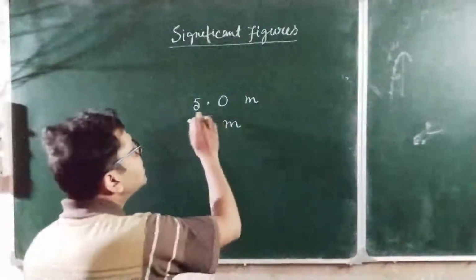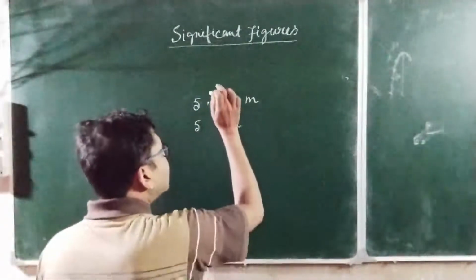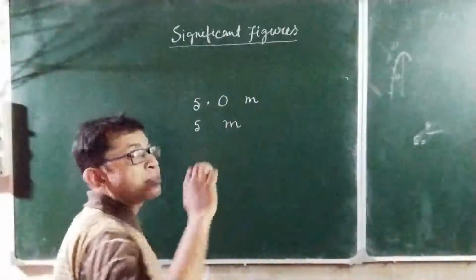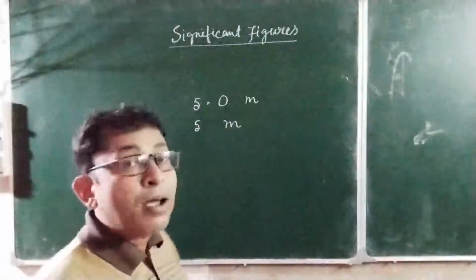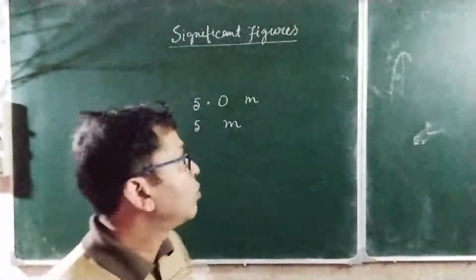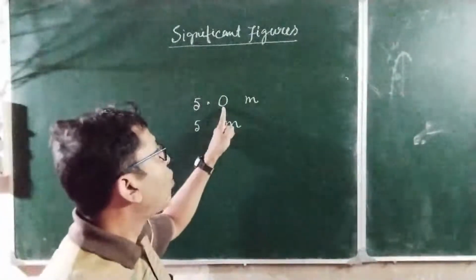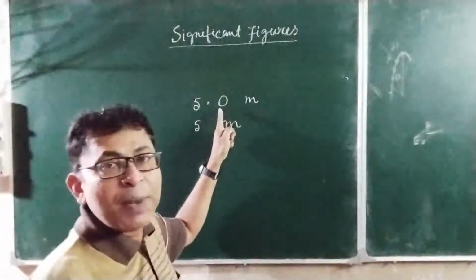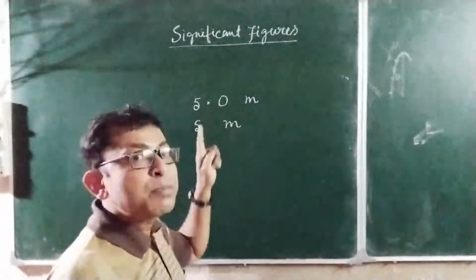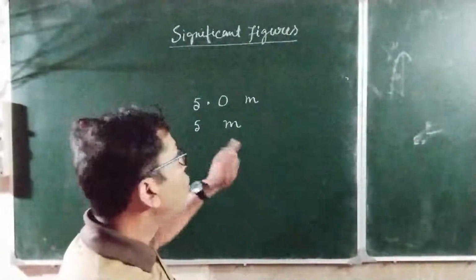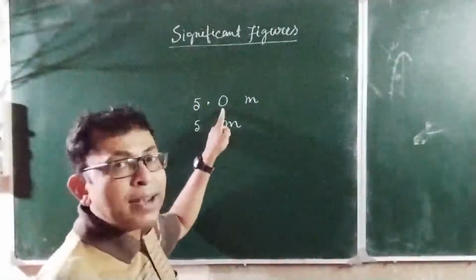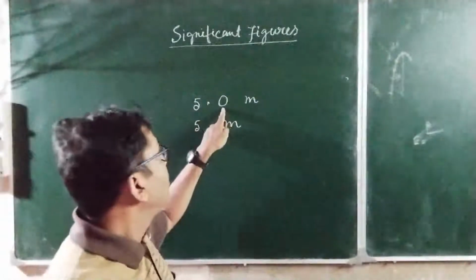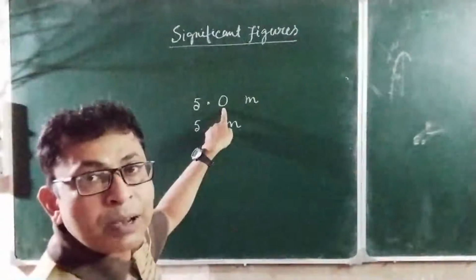Actually, this 0 is taking a very important role. This 0 occupies this particular place. This means no other digit can be placed here.